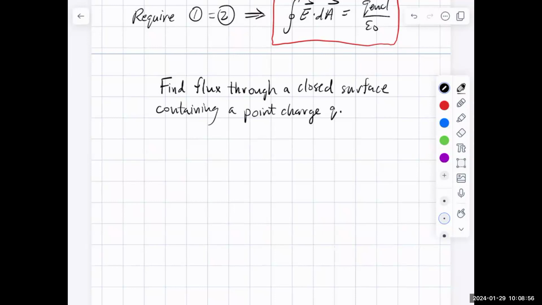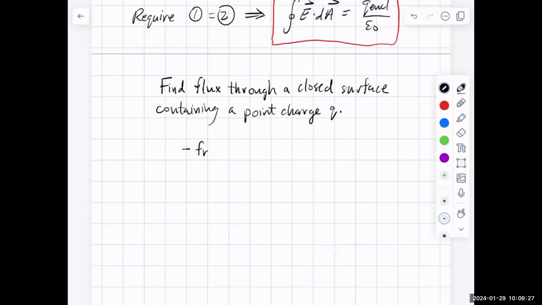So we're going to realize that it doesn't matter what the shape of my surface is, and it doesn't matter where the charge is inside that surface, I'll always get the same result. So I'm going to make smart choices that will make the calculation easy. Let's make some statements about what is a good choice and what's a bad choice for the shape of our surface and the position of our point charge.